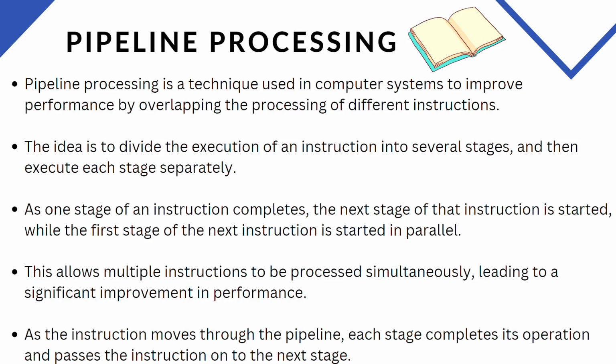As one stage of an instruction completes, the next stage of that instruction is started, while the first stage of the next instruction is started in parallel. This allows multiple instructions to be processed simultaneously, leading to a significant improvement in performance. As the instruction moves through the pipeline, each stage completes its operation and passes the instruction on to the next stage.